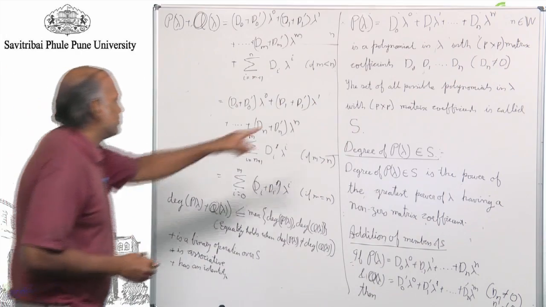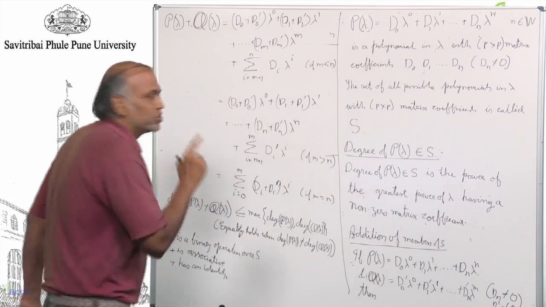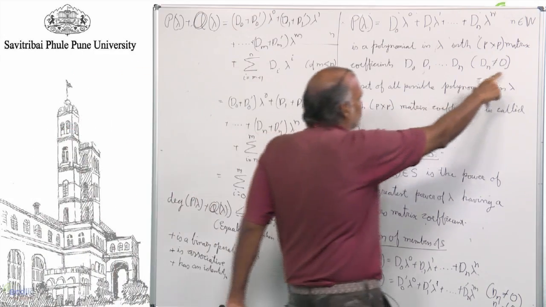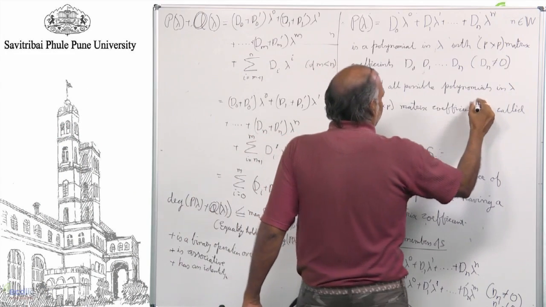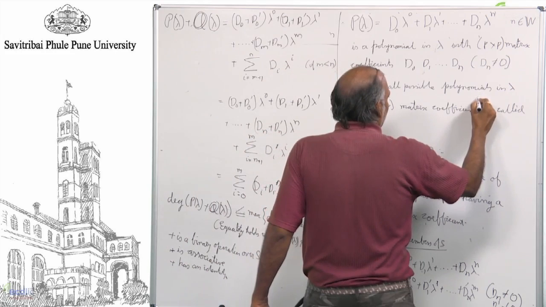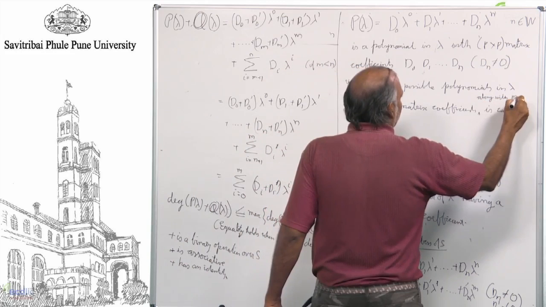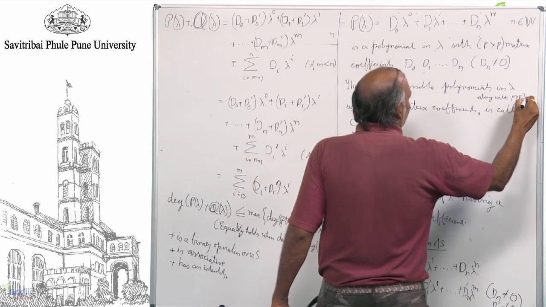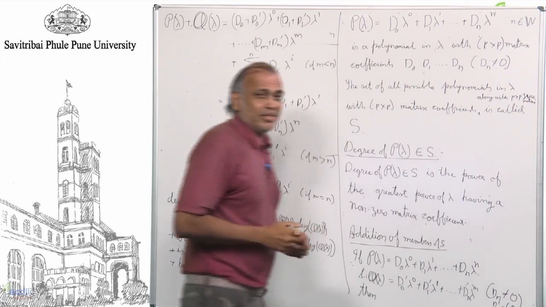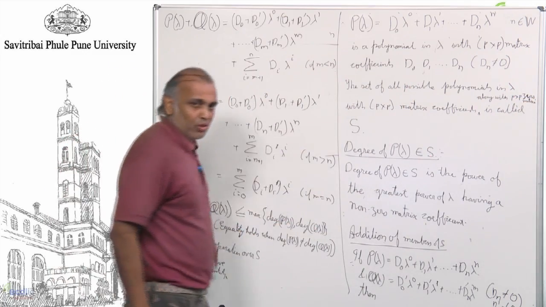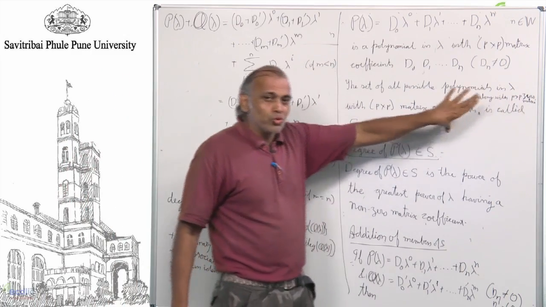I should also include the zero matrix, because that way I have said this is non-zero. So p of lambda along with the p by p zero matrix. I should have included that in that set. So that's the S that I'm talking about here. So let me include the p by p zero matrix also in this.